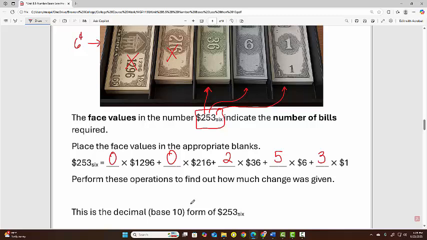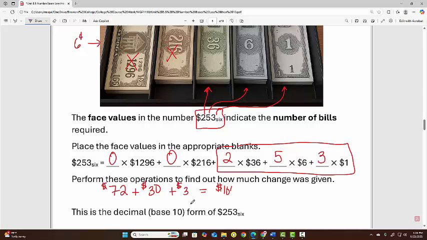All right, let's go ahead and figure out how much change we're giving them in actual base 10 numbers now. So we are going to perform these operations. Let's see what we get. So 2 times 36 is actually $72, plus 5 times 6 is actually $30, and then 3 times 1 is $3. And let's see, if we add these up, we're going to get $105.